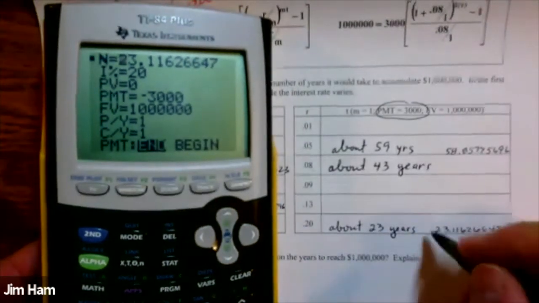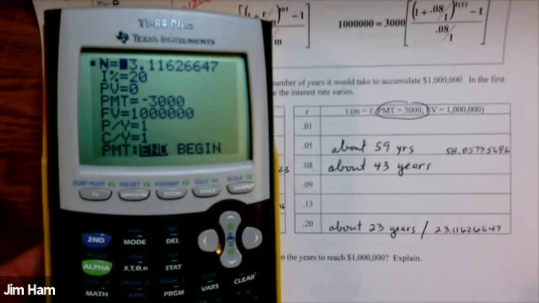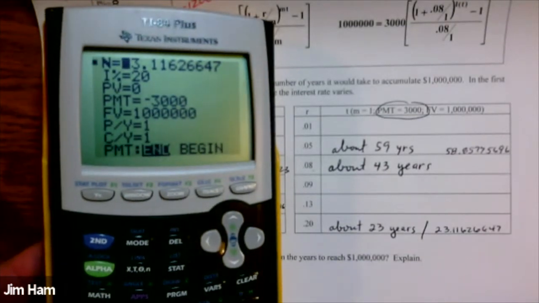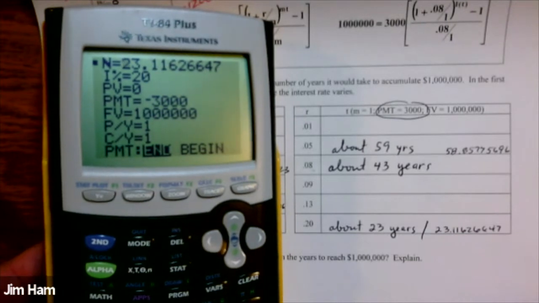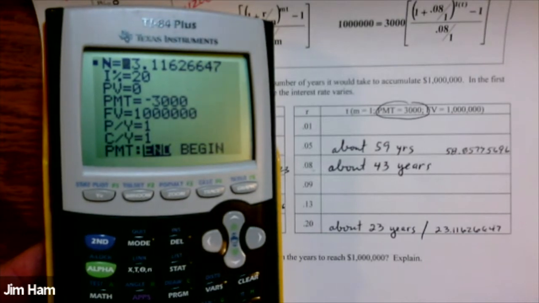But most investors cannot make 20% per year on their investments. It means that you're going to invest in some risky things. And if you invest in risky things, you have a higher probability of losing money. So your financial advisors will say, well, what kind of interest rate do you want to achieve?